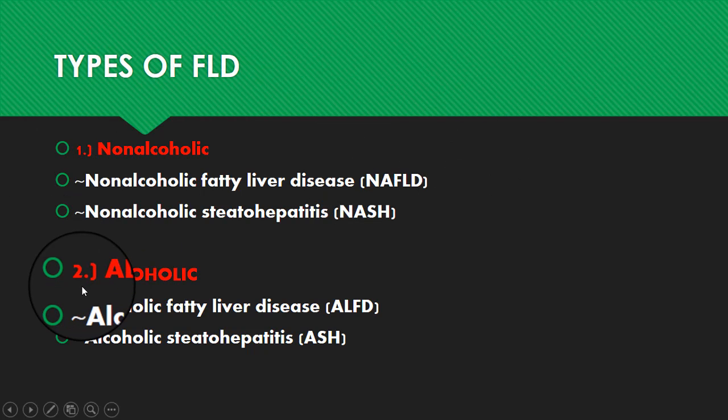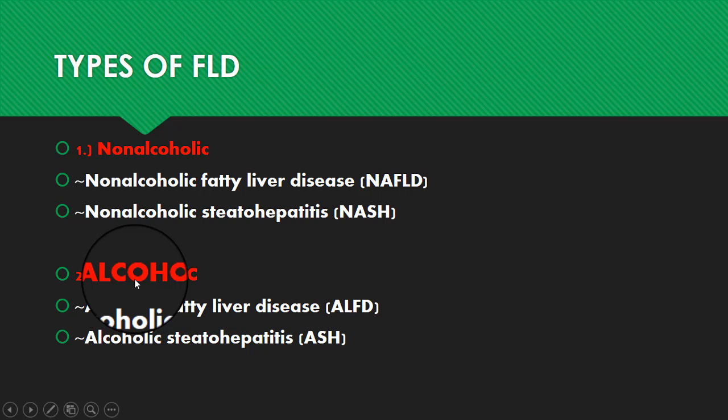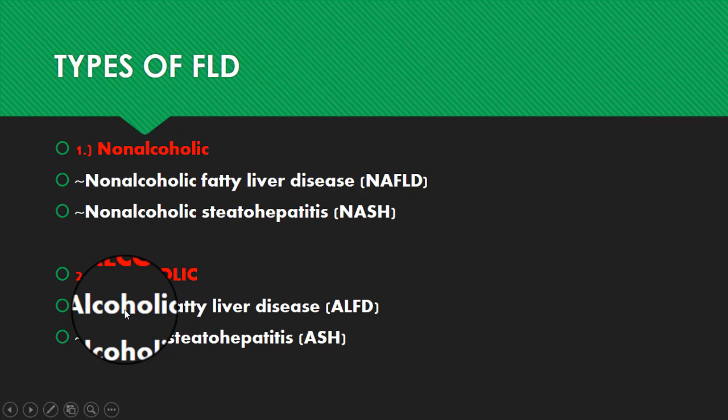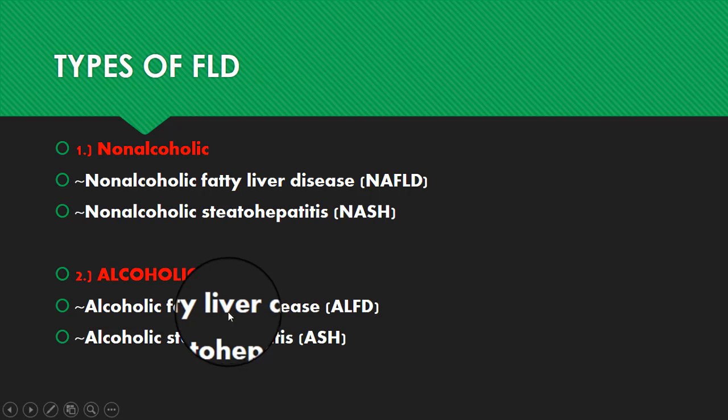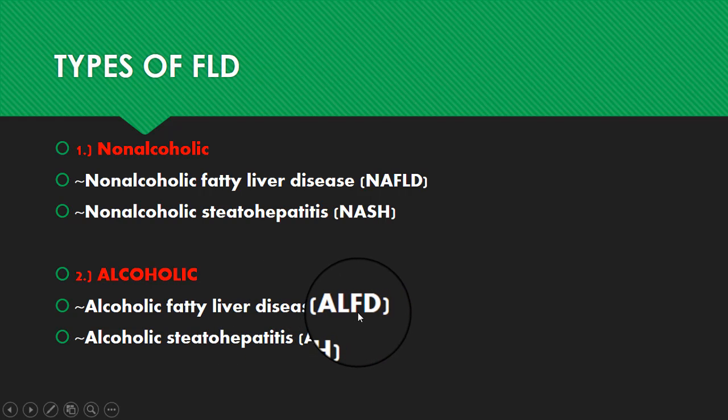Now next we will discuss the second type of fatty liver disease, that is alcoholic fatty liver disease. The first subtype is alcoholic fatty liver disease. So let's talk about it, what do you understand by the term alcoholic fatty liver disease?